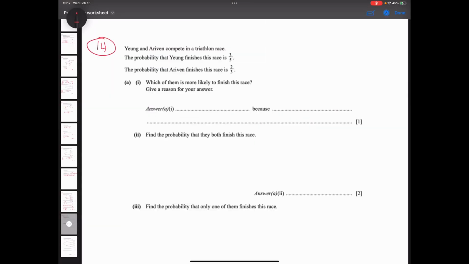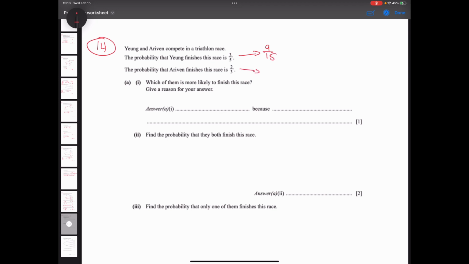Finally the last question, which is going to be Young and Arevan completing a triathlon. The probability that Young finishes is 3/5, Arevan finishes is 2/3. Which of them is more likely to finish? So I'm just going to use equivalent fractions here. I'm going to multiply this by 3 and 3, that's 9/15.